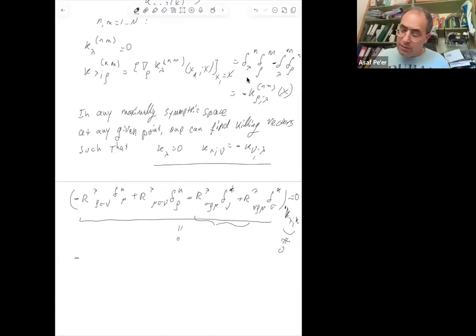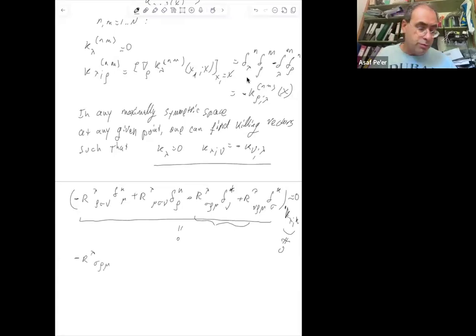So minus R_lambda sigma rho mu delta_kappa nu plus R_lambda nu rho mu delta_kappa sigma times k_lambda;kappa.